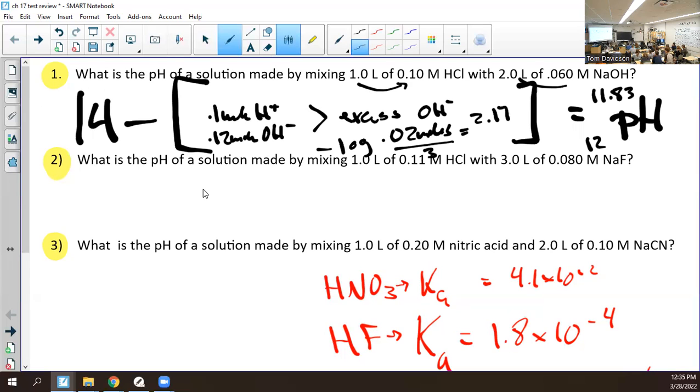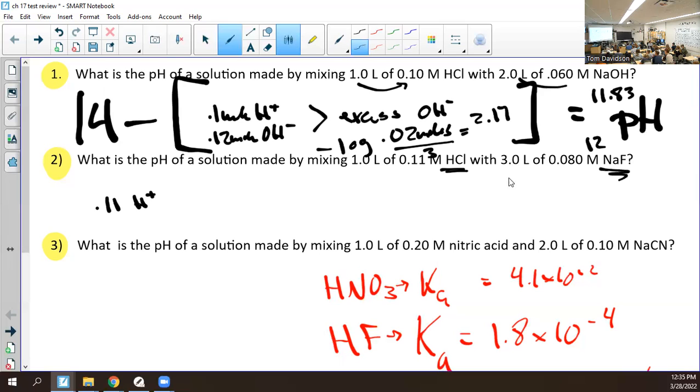Number 2. Is this a buffer? I haven't done the math myself. Is it a buffer? I have a no and I have a lot of yeses. So we'll say it's a yes. Okay. So it gave me a strong acid and it gave me a salt. If I have a strong acid and a salt, I have to do chemistry first. So I have 0.11 of H plus, right?